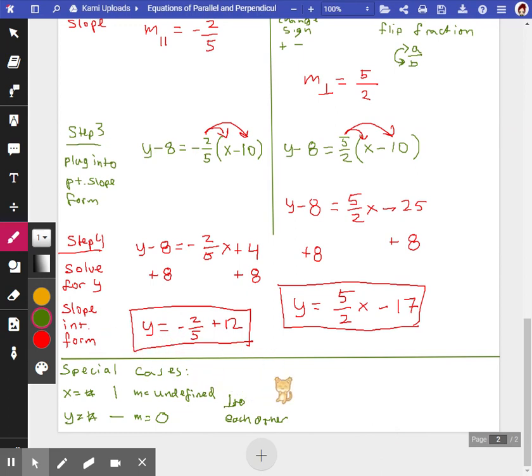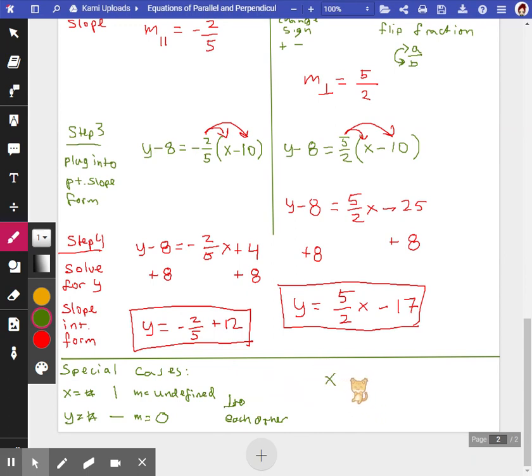So if you're parallel to x, then you're going to stay x. If you're perpendicular, you're going to switch to y. If you're parallel to y, you're going to stay y. If you're perpendicular to y, you're going to switch to x. And so you're going to just get x equals a number. Whatever point you're passing through, you're going to just pull the x or y coordinate out of that.